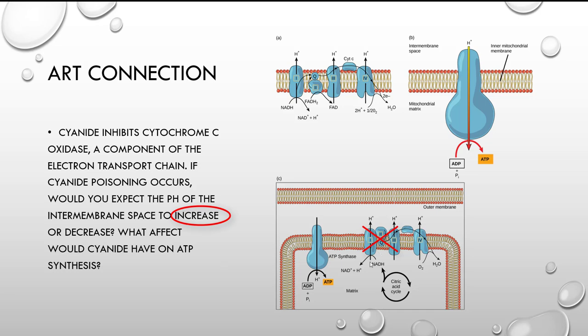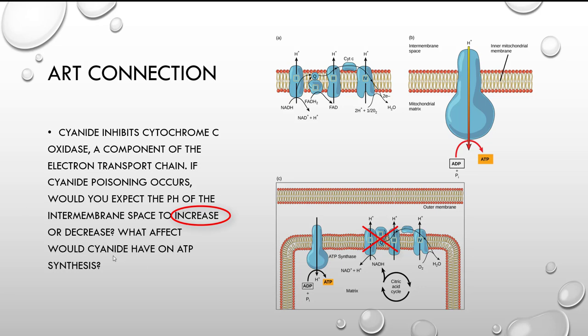And so the pH would increase, because remember, lower pHs mean higher hydrogen ion concentration. So we don't have hydrogen ion concentration being concentrated up here. So we have an increase in pH.